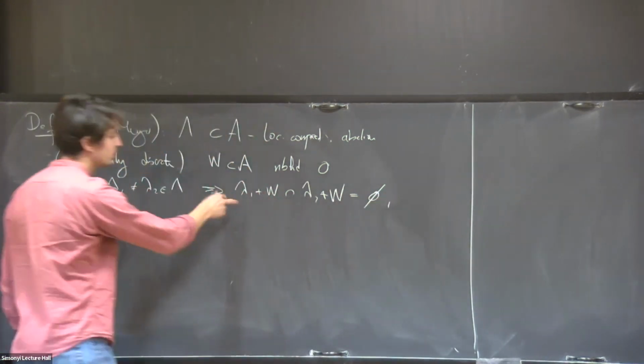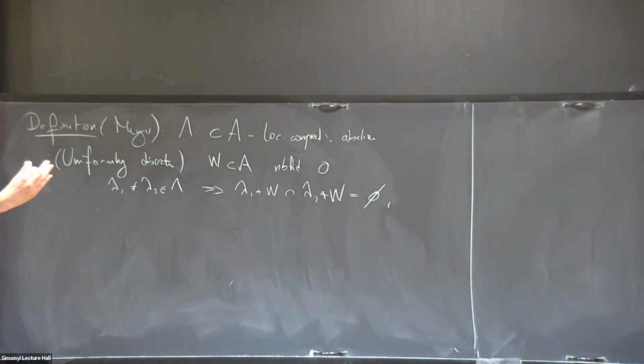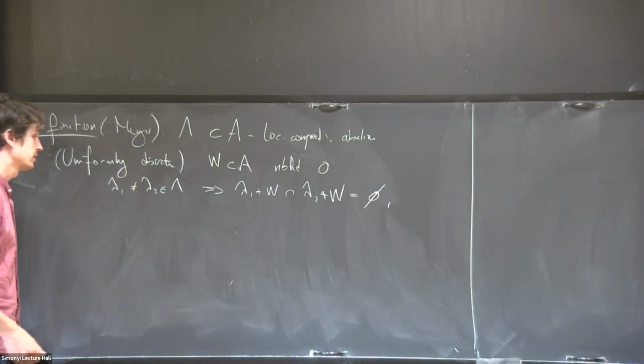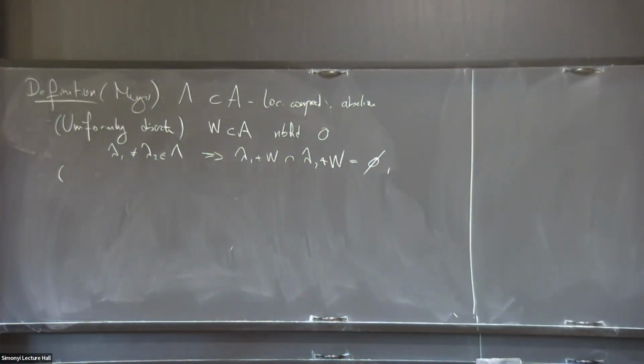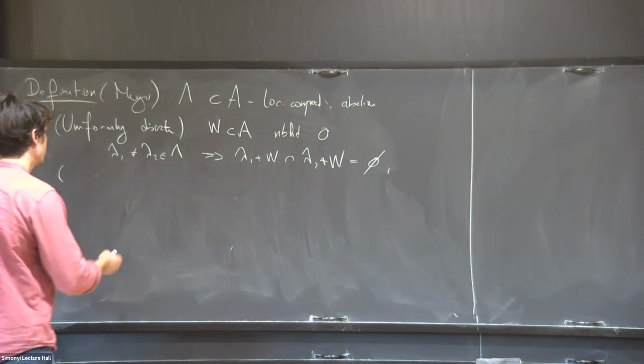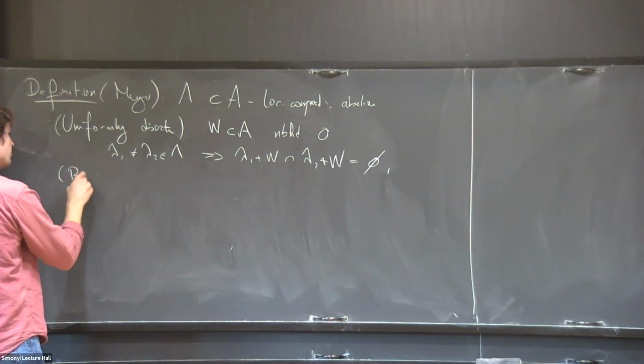Here the notation lambda_1 + W is just the standard one: I'm translating W by lambda_1. Okay, that's the first property. I want them to be uniformly discrete, but I don't want them to be too scattered. And for that, I'm going to ask them to be relatively dense.